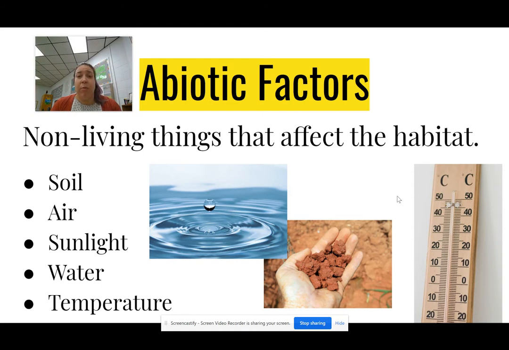These become really important when you are thinking of the amount of rainfall, or if there's enough shelter, or if the temperature's right for different species to live. So while it might be weird to think that non-living things do affect habitat, they really do. They're really, really important and can cause a lot of chaos if they're not right.